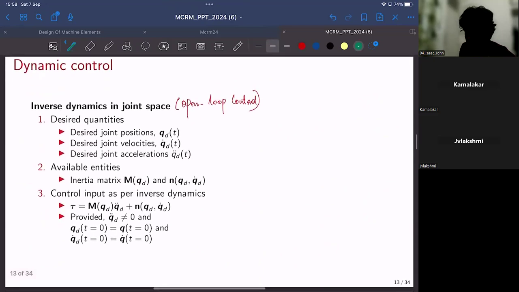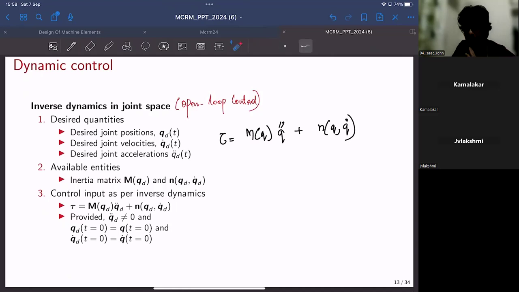Similarly, we have open loop and closed loop in dynamic control. The first one is called inverse dynamics control, where a general robot dynamics law is given as tau would be M of q q double dot plus n of q, q dot. So what do we have in our hand? We have the desired joint positions, the desired joint velocities, and the desired joint accelerations.